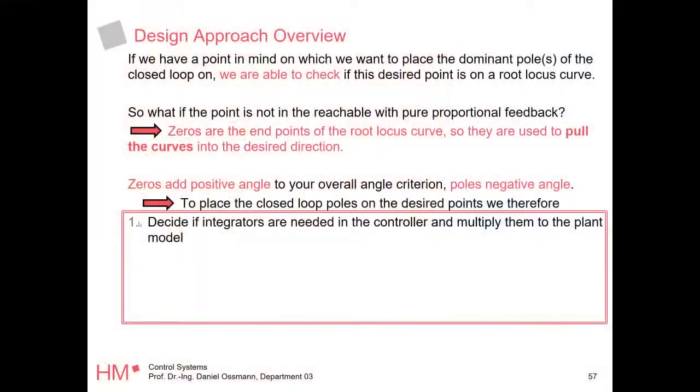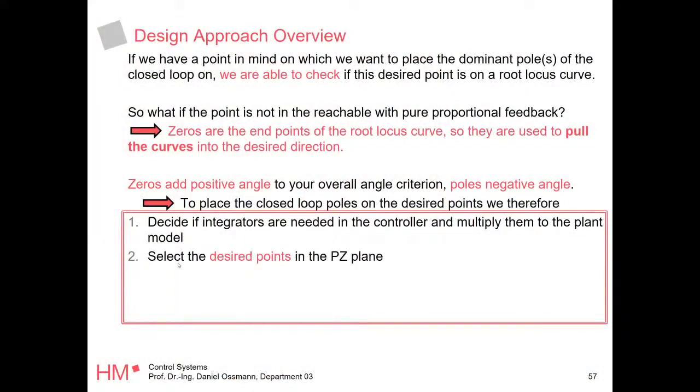We just need to stick all the dynamics into our augmented system, and then look for the proportional feedback. Usually you will not add an integrator because you need more or less angle in the criterion. You add the integrator because you want to have steady state accuracy. So this is a point you as an engineer need to get clear right at the beginning, right?